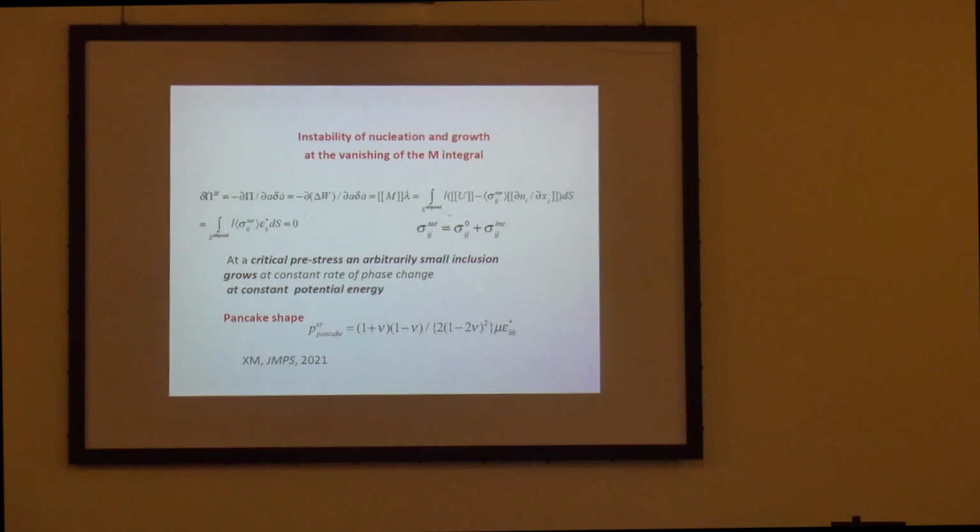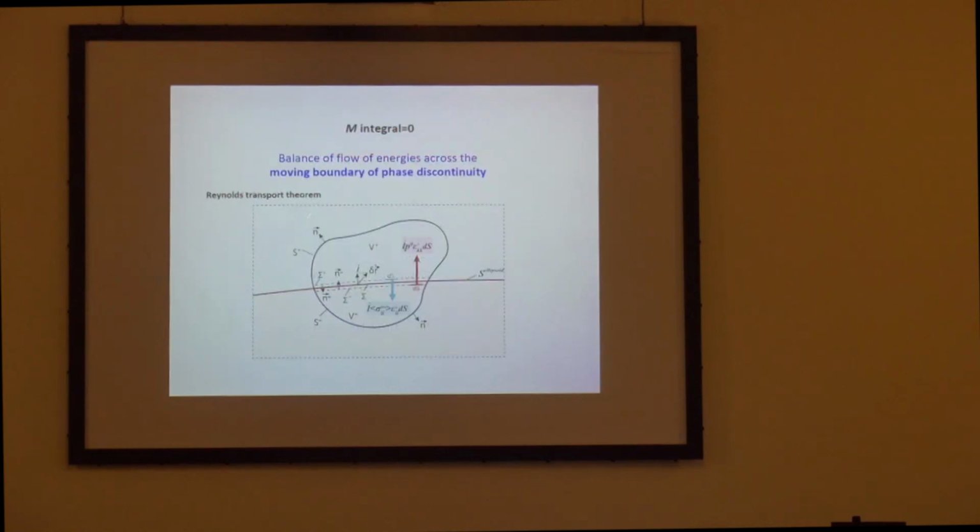So let me give you some physical meaning of what the vanishing of the M integral is. Let's have a surface of discontinuity. Here is the inclusion with eigenstrains or different moduli. And then let's give an arbitrary velocity delta r dot to this point of the surface of discontinuity.